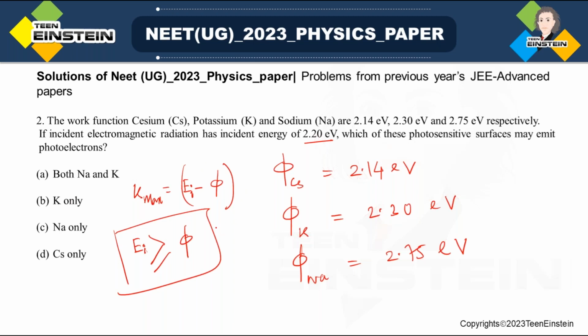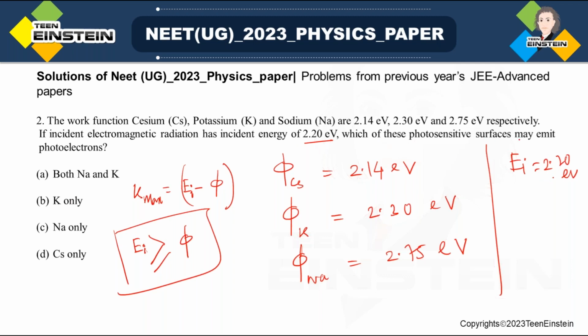See, E_I has got a value 2.20 eV. So any metal surface which has work function below or equal to this will emit photoelectrons.